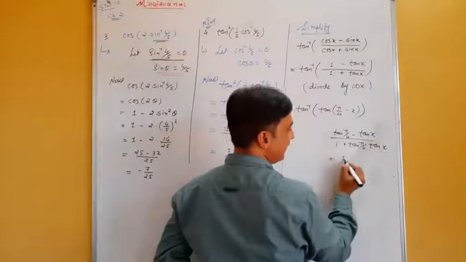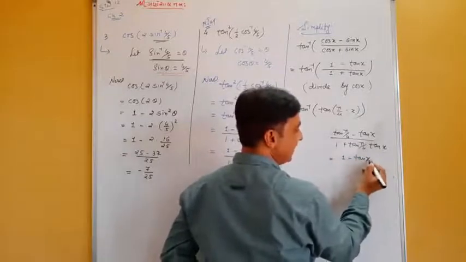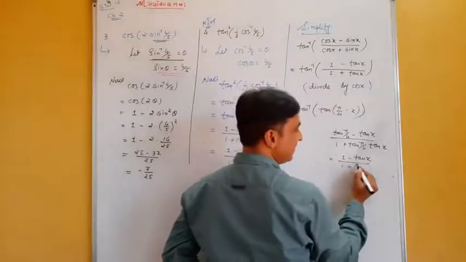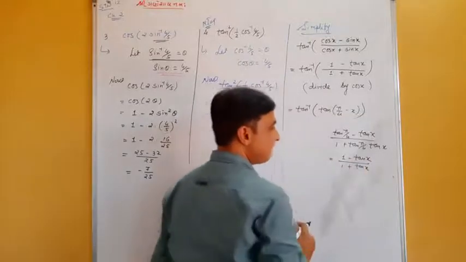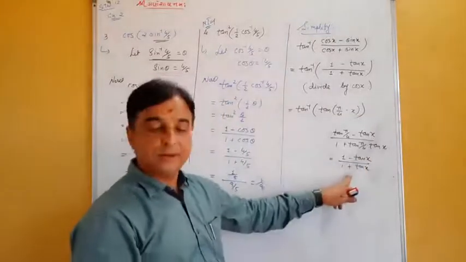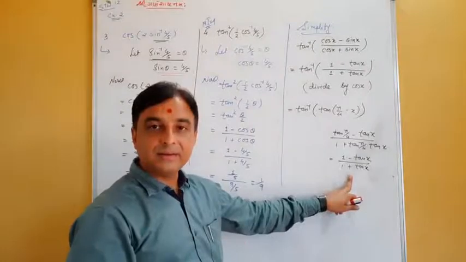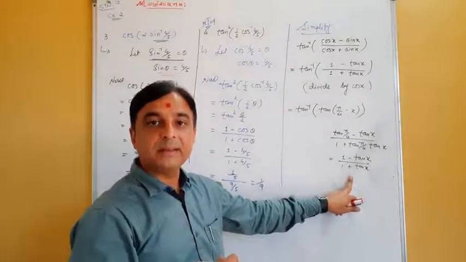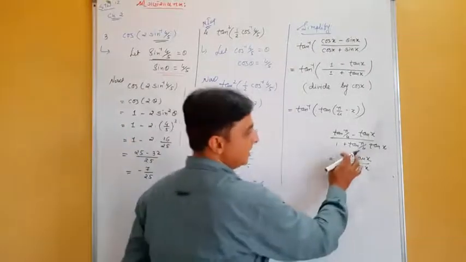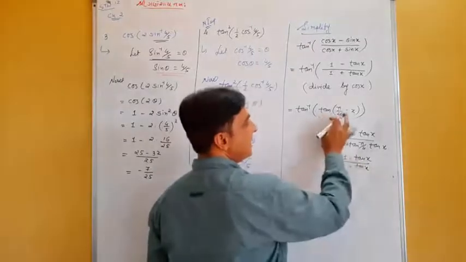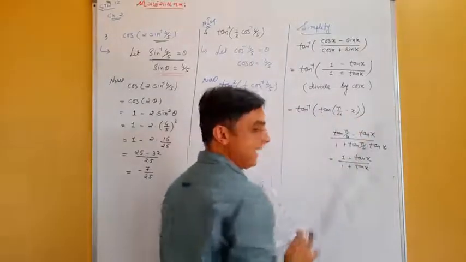Now tan pi by 4 is 1, so it is (1 minus tan x) upon (1 plus tan x). In 11th, I have given these formulas and told you to remember this for 12th standard. So (1 minus tan x) upon (1 plus tan x) is tan of (pi by 4 minus x).